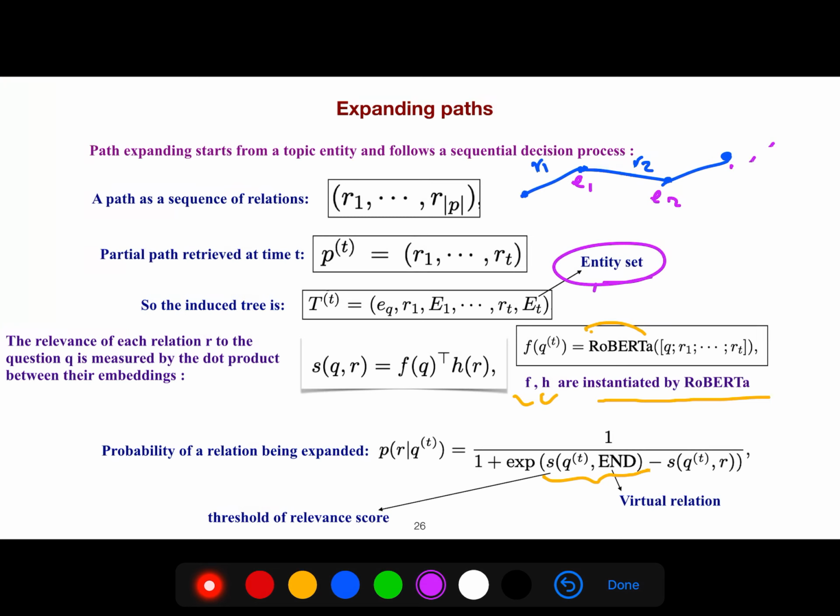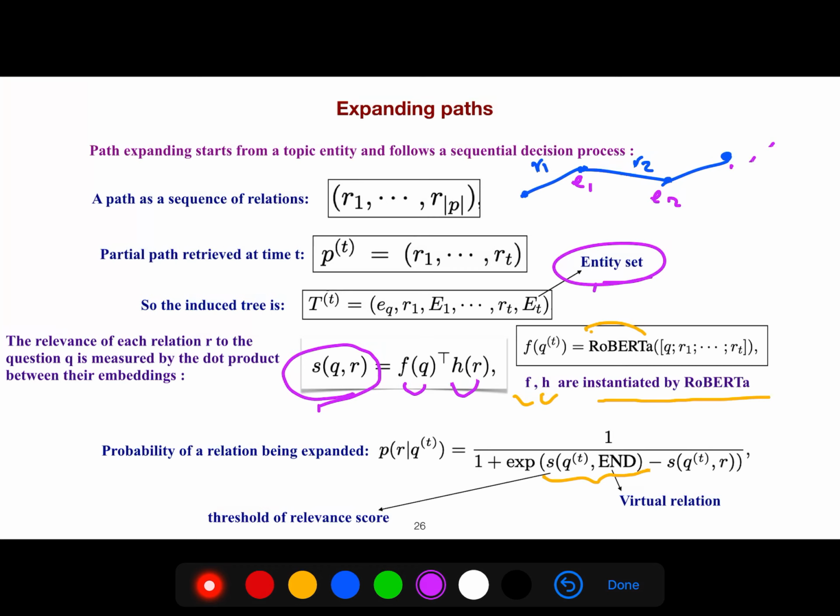We have a set of entities. And as usual, we need some score. So the relevance of that is measured by this dot product. Because we need the f of q, of question and the relation. Question, relation. You see it in all articles.